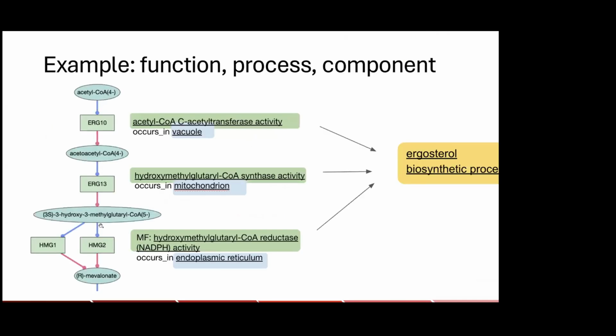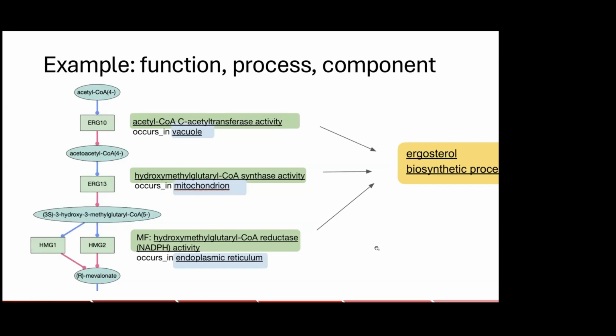And this is an example that shows how function, process, and component are linked. This is a biosynthesis pathway for ergosterol. There are 4 enzymes shown in the square boxes. This activity occurs in the vacuole, and then it provides the substrate for the next activity, which occurs in a different localization.